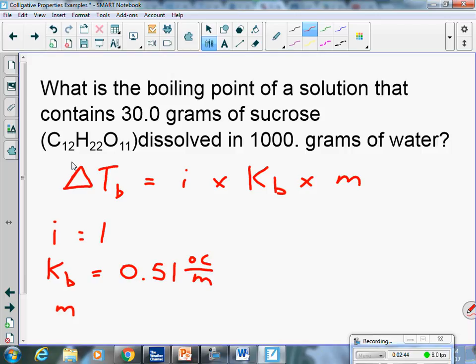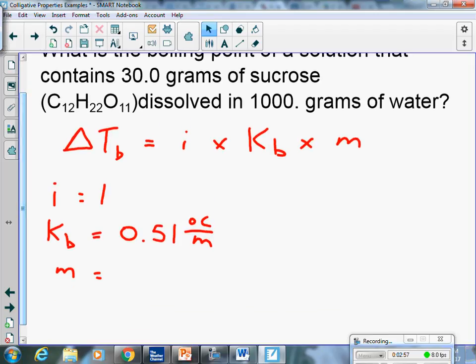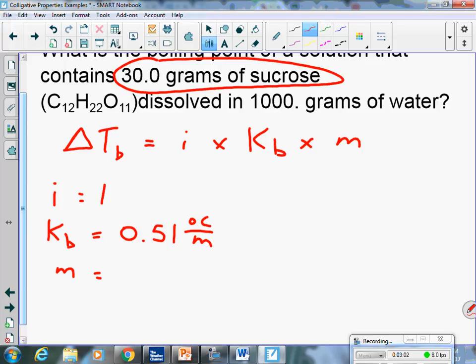Final thing is I have to determine the molality. Well, I know molality is moles of solute over kilograms of solvent. So I've got to convert my 30 grams of sucrose into moles to start with. So I'm going to take that 30.0 grams of sucrose, which is C12H22O11, and I'm just going to work a flux capacitor problem.